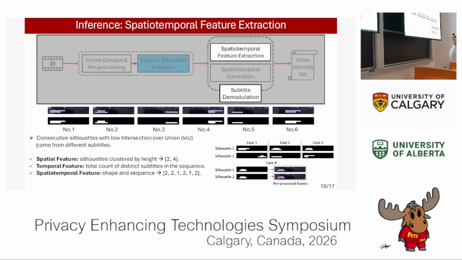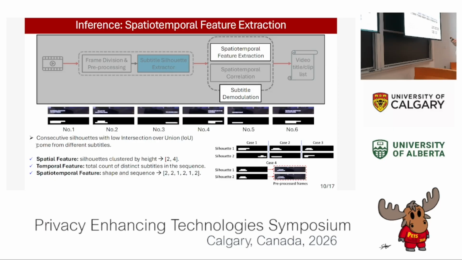So we utilize the IOU, intersection over union. If that is low, we see they are from different subtitles. See case 1, case 2 and case 3. In case 1, they are totally separate. In case 2, they are on different lines. In case 3, they have the same height, but they also partially overlap.